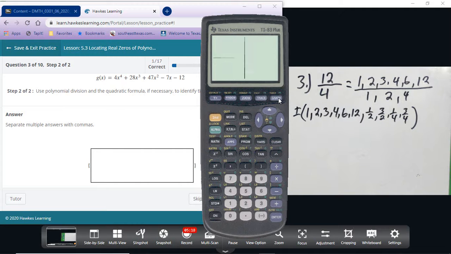Alright, so I'm going to graph. Now my graph is kind of zoomed in, so if I go to second window for table set, never mind, not that, second quick. Let me just go zoom 6 and show you the standard window.